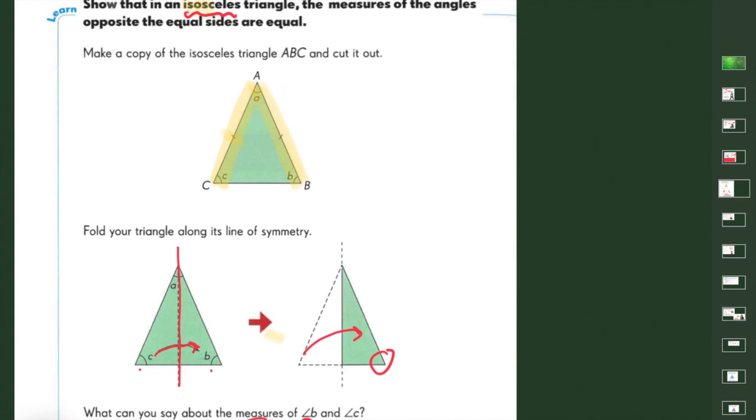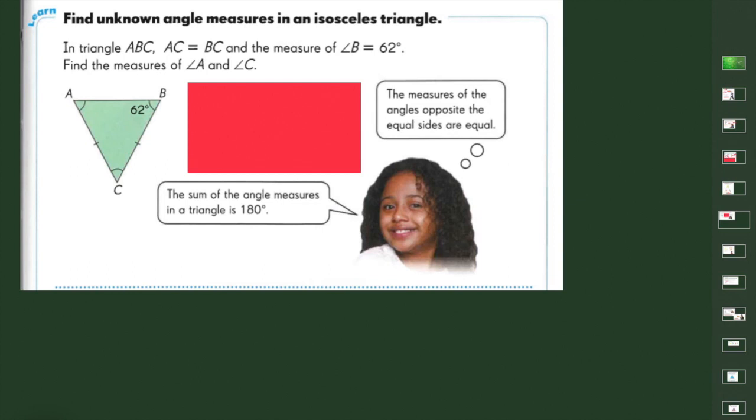So here's the rule for isosceles triangles. In an isosceles triangle, the measures of the angles opposite the equal sides are equal. So if these two are my equal sides, these two angle measures will be equal. We're going to use that now to help us find missing angle measures in isosceles triangles.